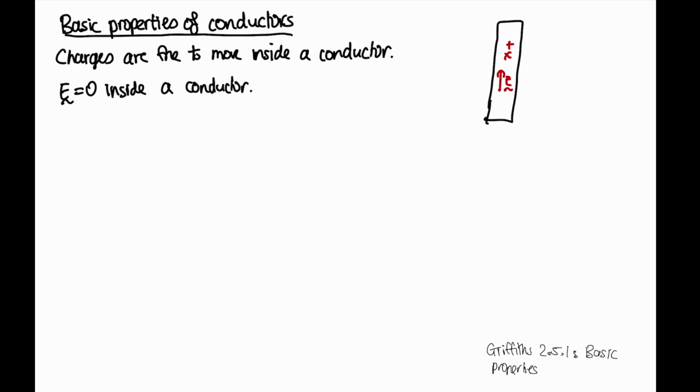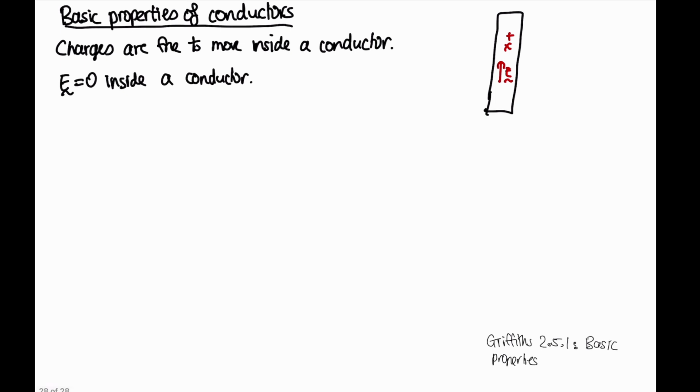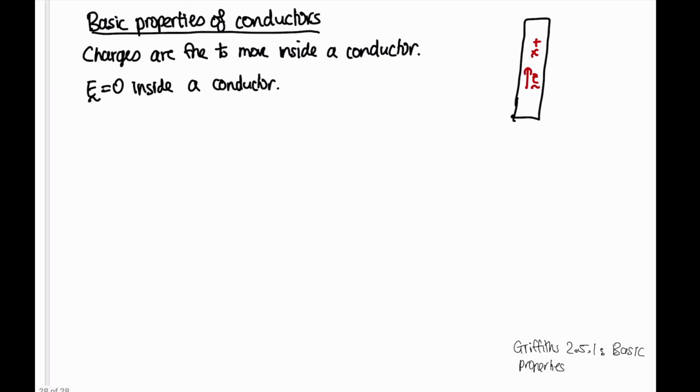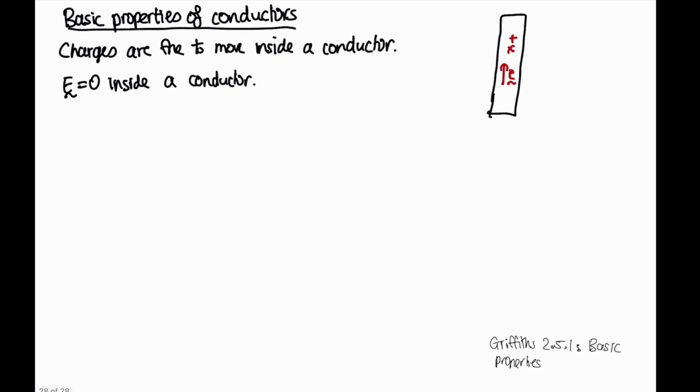Well, this positive charge is going to experience this electric field and move as a result of it, and so it will move up the top here. Because it can't move outside because it's still stuck within the conductor, but it's free to move within the conductor.